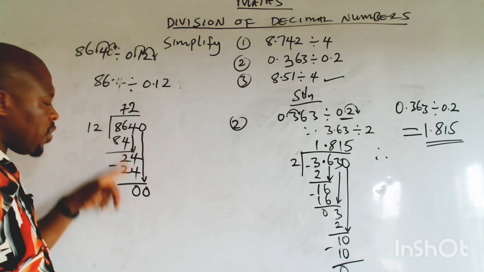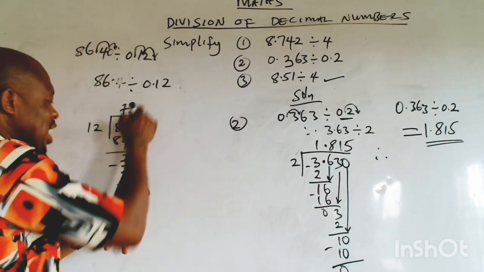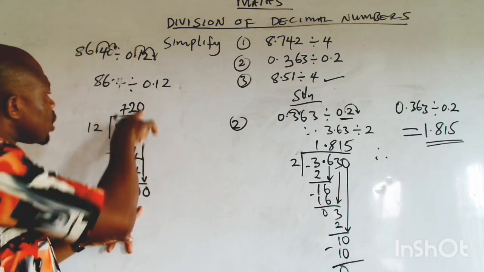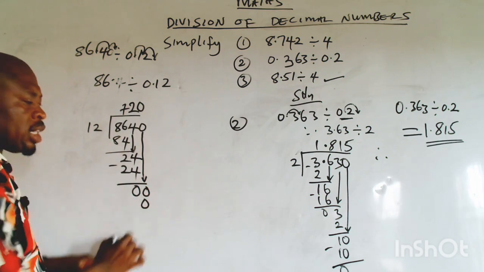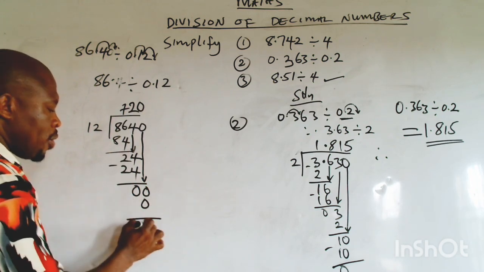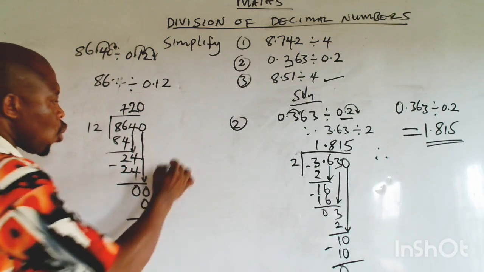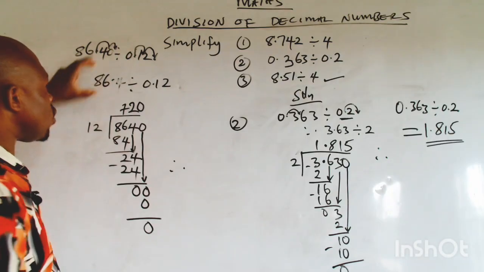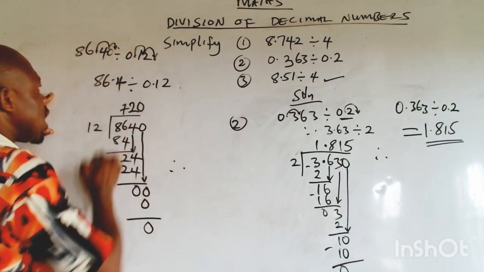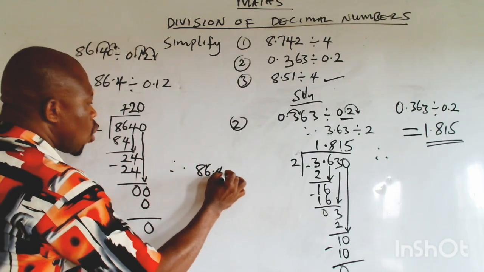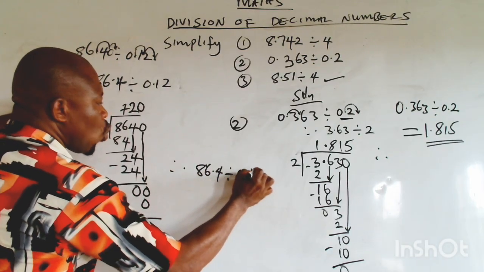And of course, 12 divide 0 will still give us 0. Since it is 0, you put it here, 0. 0 times 12 is 0. Therefore, 0 minus 0 is 0. So we have reduced everything to 0. We can now conclude, remember that this is our original number, 86.4 divided by 0.12.